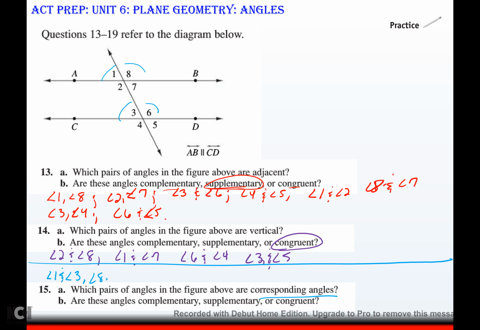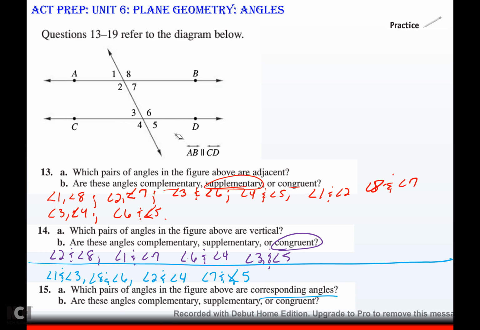So I got angles 8 and angle 6. So I did the tops. Now let's do the bottoms. So 2 corresponds to 4, and 7 corresponds to 5.